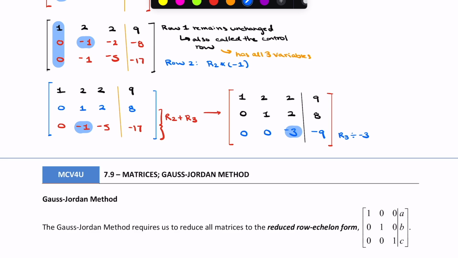As well, what we see here is we can find our z value. So here, if we take this here, we see that -3z is equal to -9, which means that, again, z will be equal to 3.